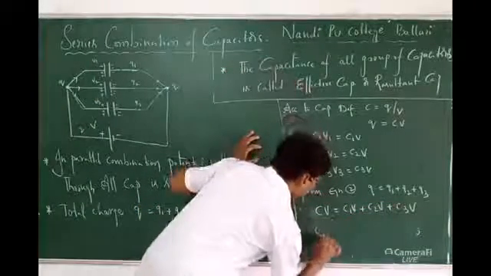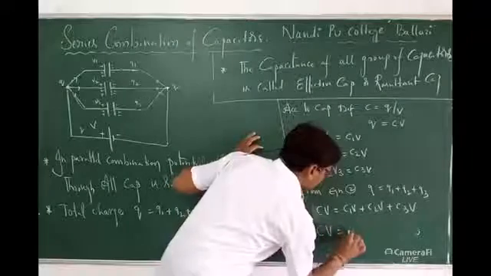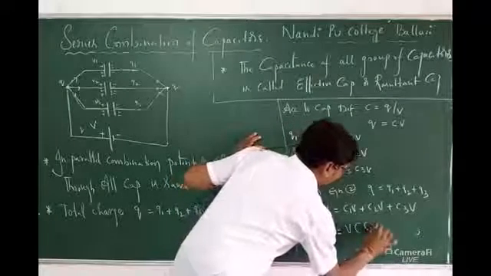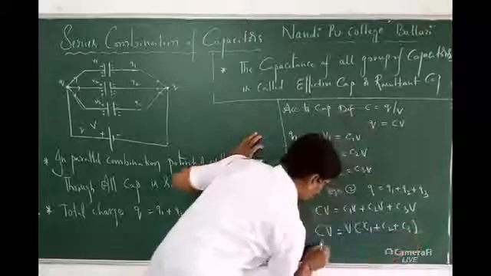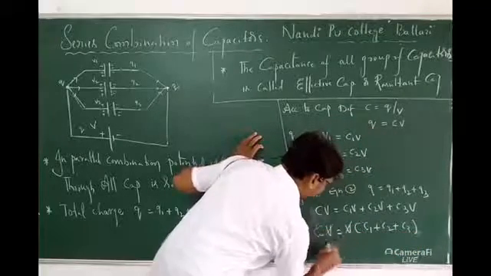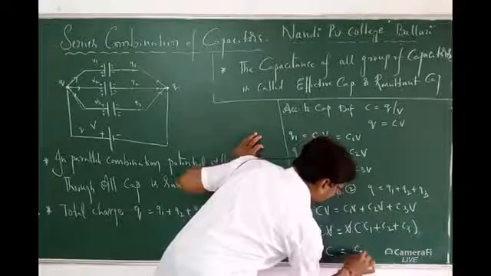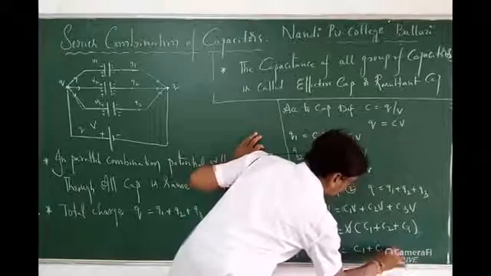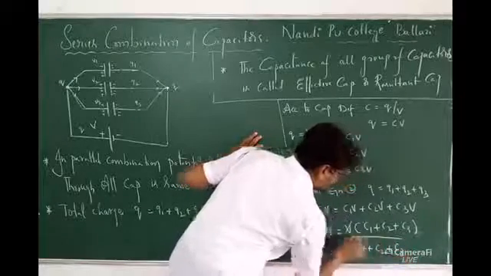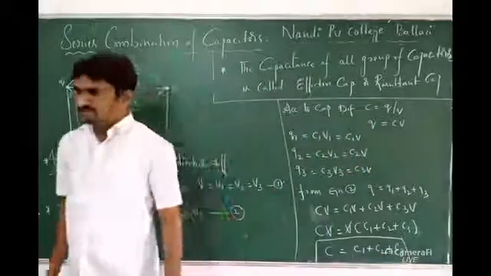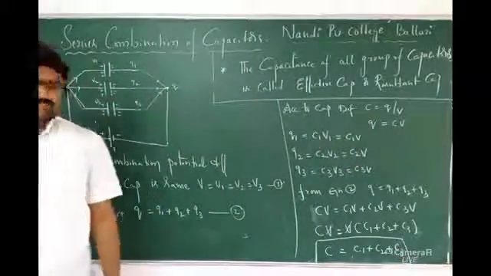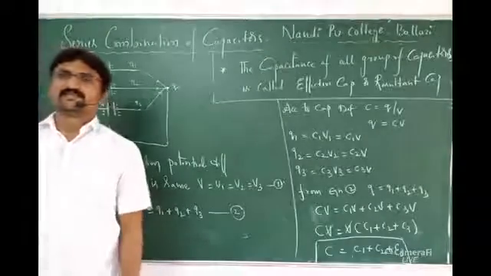So here what is common? V is common. If I take V common, C1 plus C2 plus C3. So if you cancel V, C is equal to C1 plus C2 plus C3. What is the effective capacitance in parallel combination? C is equal to C1 plus C2 plus C3.